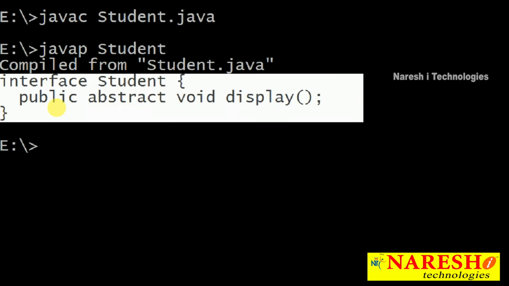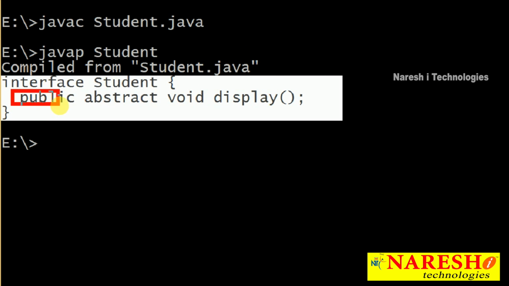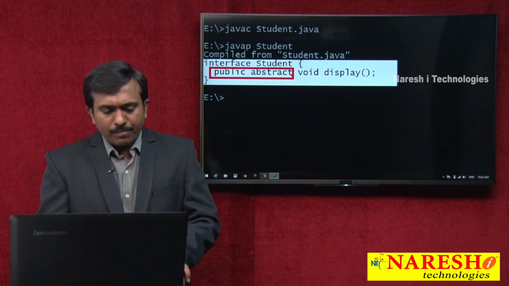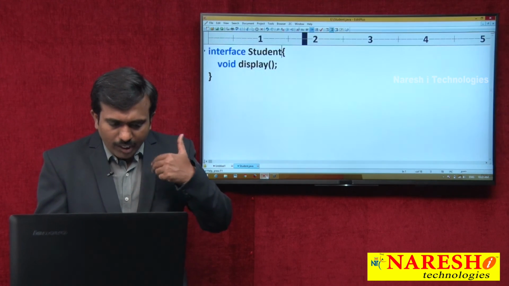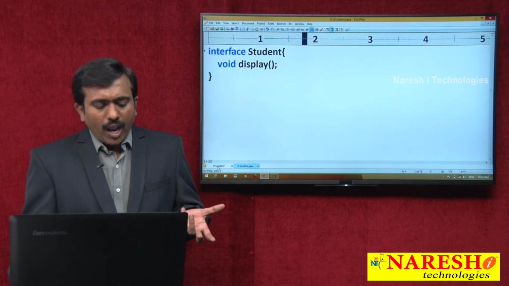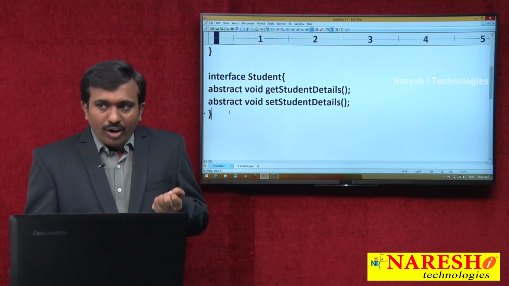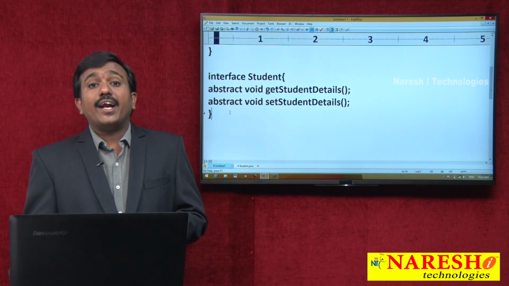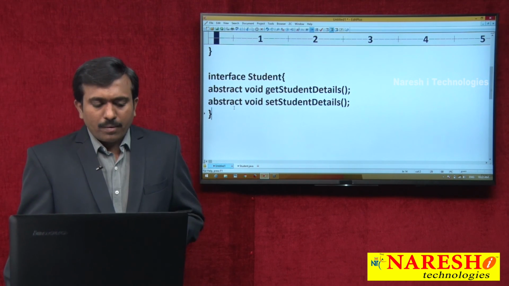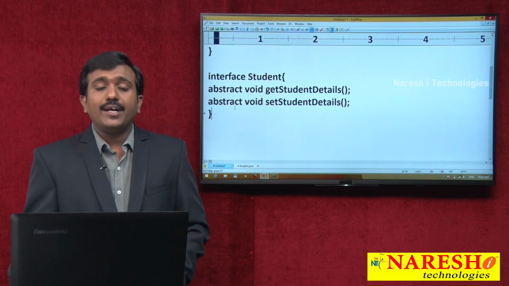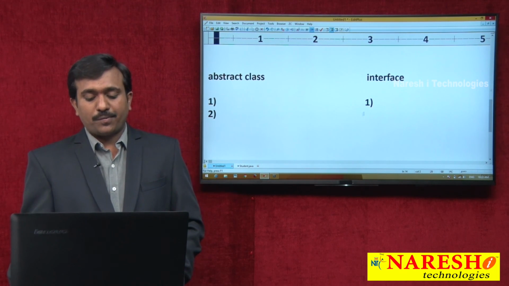Now observe, inside the interface the method is by default public and abstract. So there are no default cases for abstract class methods, but default cases are there for interface methods. By default the interface methods are public and abstract.